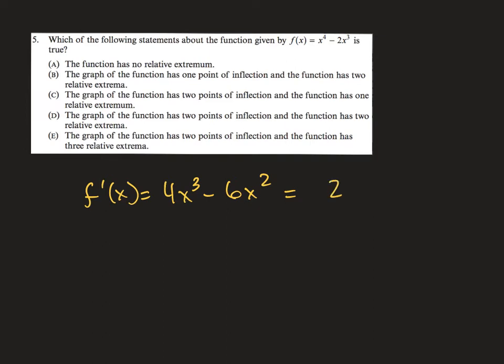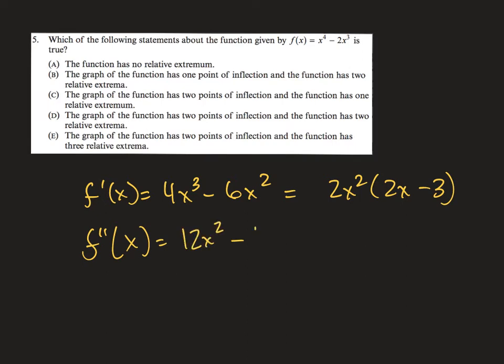Factoring that, it would be 2x squared times 2x minus 3. And then the second derivative is going to be 12x squared minus 12x. Factoring that, it would be 12x times x minus 1.